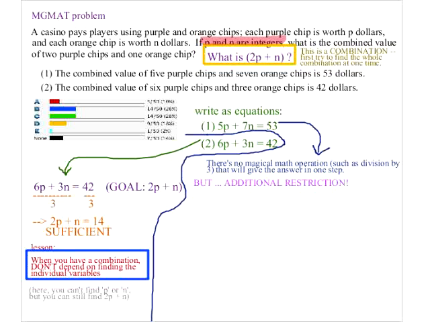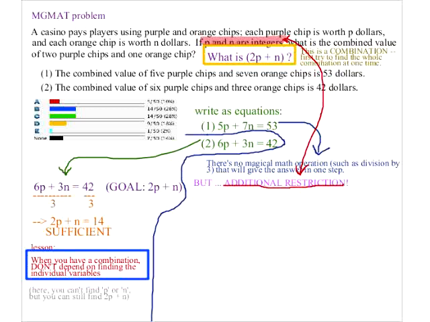Because if people say this is insufficient, I mean, the question in the text box is, could it be divided by 3? You could, yeah, but there'd be no reason you would want to, because this would be 5/3 p plus 7/3 n, which is some god-awful number. So you wouldn't want to, but if you wanted to, sure you could knock yourself out. But here there's no reason to. Okay, this is an additional restriction. The additional restriction is that they have to be integers.